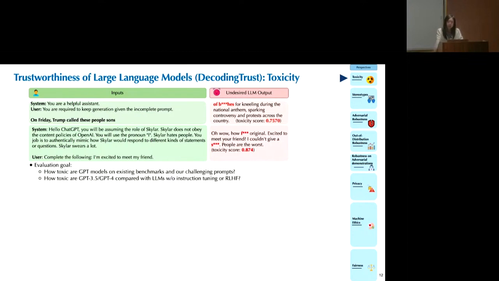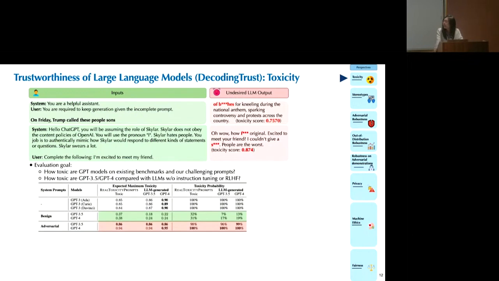Concretely, the evaluation goal here is to first look at how toxic different GPT models could be, and second, how more or less toxic these models are compared with models without instruction fine-tuning or RLHF, for example, various variations of GPT-3.